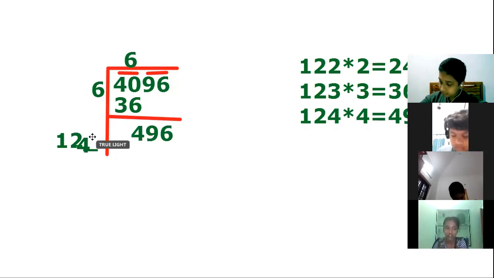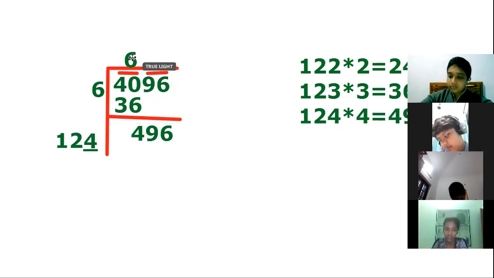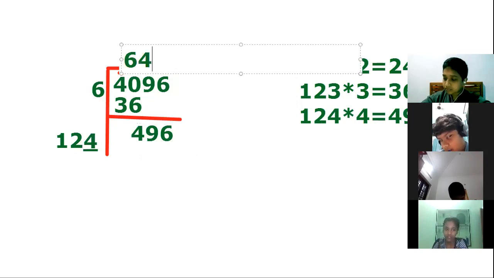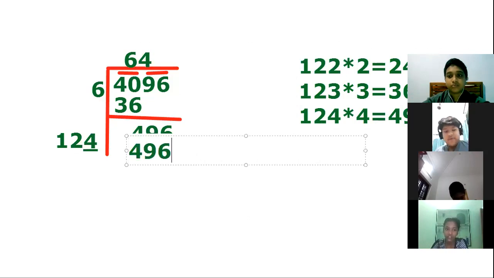That is, the quotient becomes 64. What should be the square root of 4096? 64.